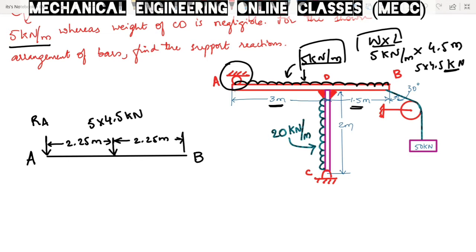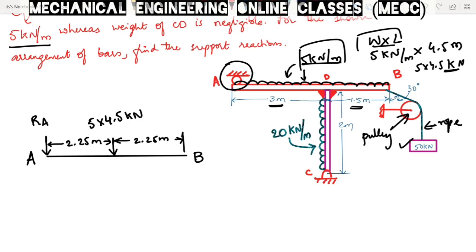Now B is attached to the 50 kilonewton load via a rope or thread, because it is attached to a pulley, so this must be a rope. So a rope will always give a pull.